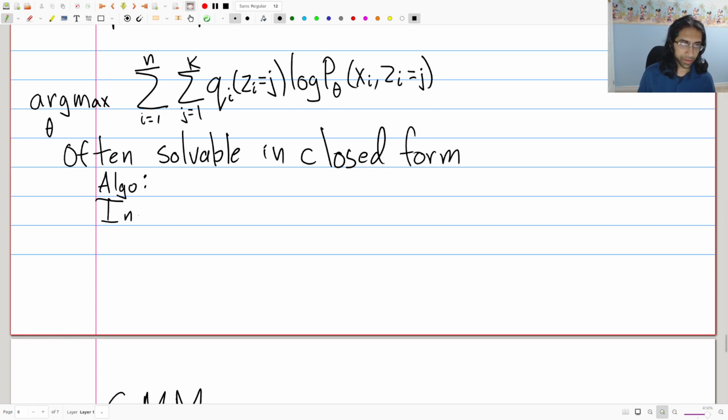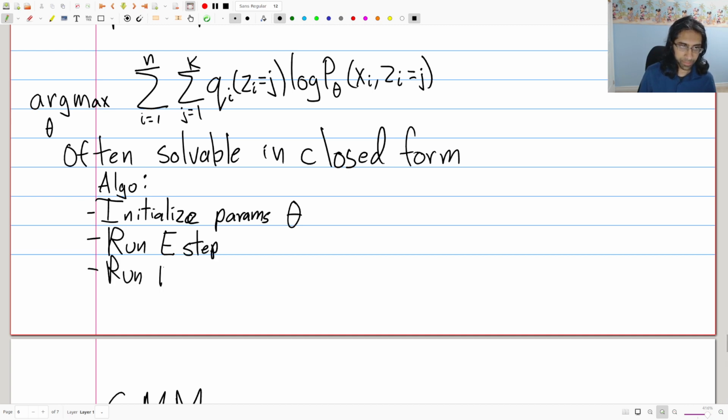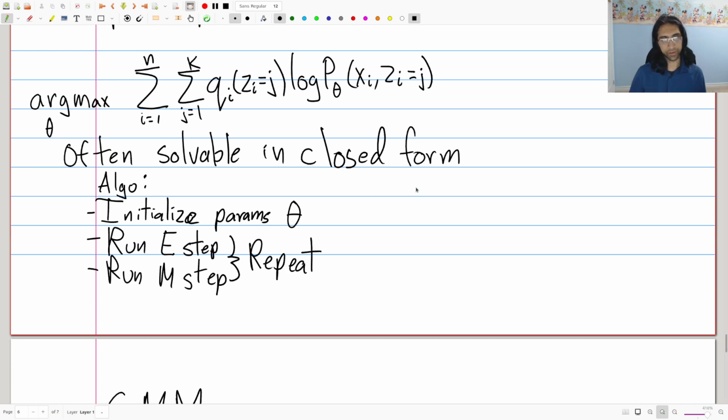The algorithm is: initialize parameters, and then we run an E step, then we run an M step, and then we repeat until it converges. So you can see how similar this is to the k-means algorithm in the sense that it's really initialize and then run two steps until you get sick of it or it converges.